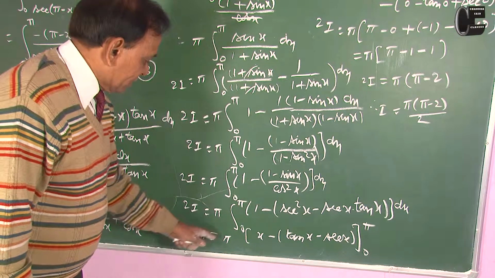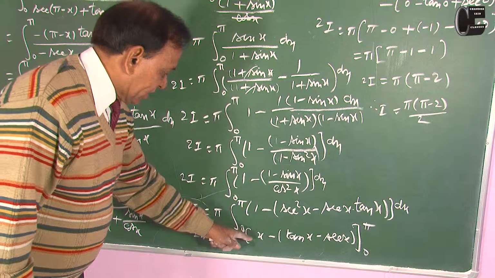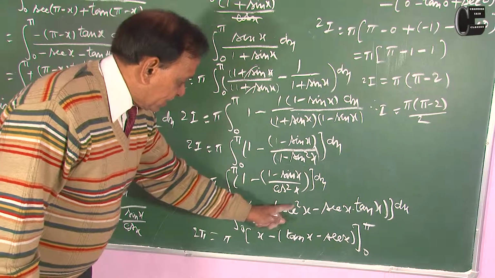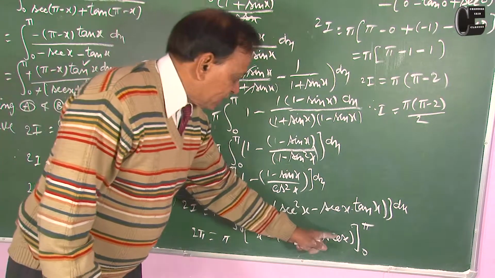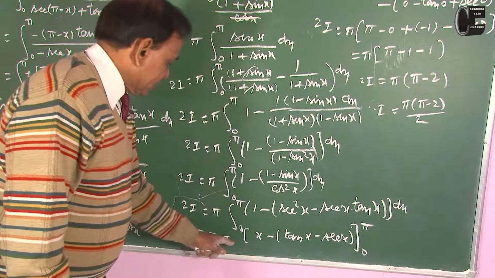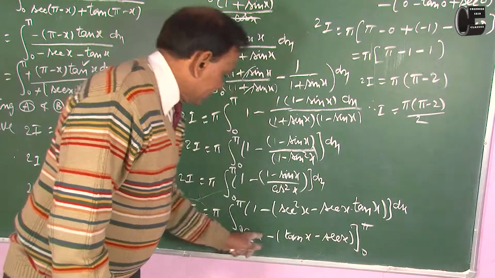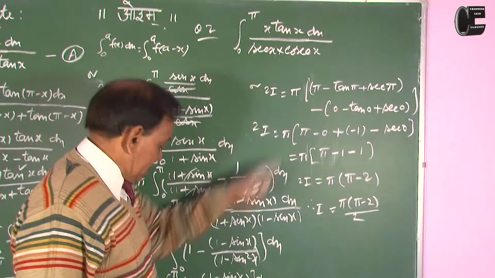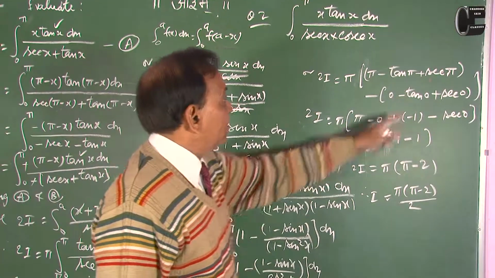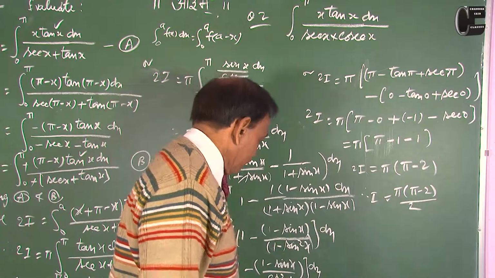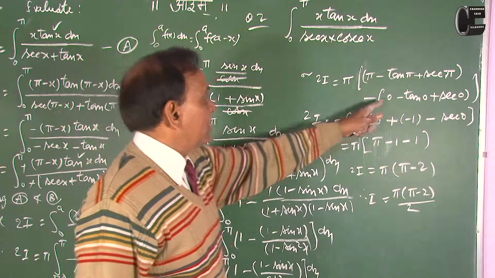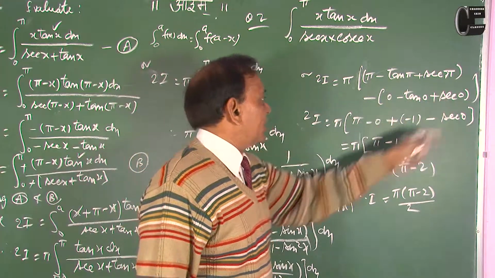Now put the limits, 0 to pi. Integrate sec square x, its integral tan x, and sec x tan x, its integral sec x. Yes, put the limit, upper limit pi: pi minus tan pi plus sec pi. Putting lower limit 0: tan 0 and sec 0.